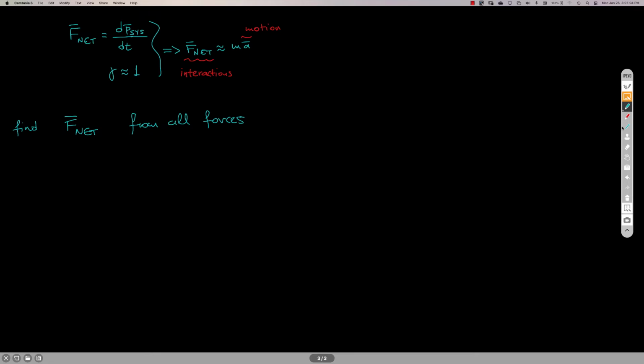And then, as I said, you have to make a choice for the coordinate system. The one that we typically use in introductory physics is the Cartesian. Another one that we use in upper level physics classes is cylindrical.